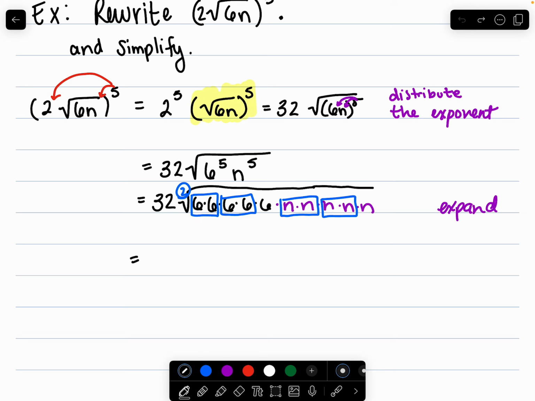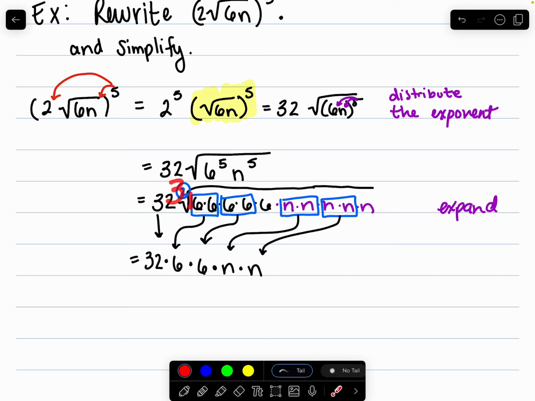So now I'm going to start with 32, and for every box that I have, I'm going to multiply it to that 32. I'm only going to write it once. So every time you have a box on something, you're only going to write them once. So for example, if my index was 3, I'm going to get 3.